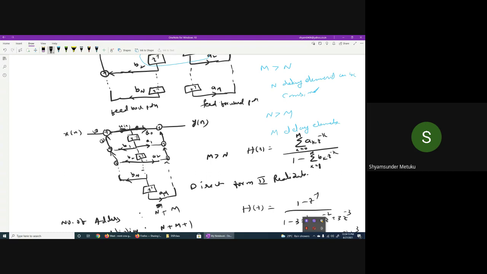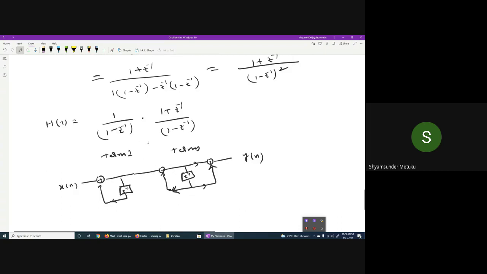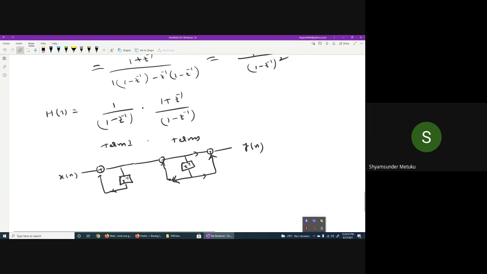Similarly, in the feed forward path, what is the sign of the coefficients? a0, a1, a2, a3, positive only, isn't it? Yes, sir. So positive for feed forward will be a straight relation, but feedback will be the opposite sign. So now let us go back to our question. What is the sign here? Whenever the denominator is here, the term should be b or a?